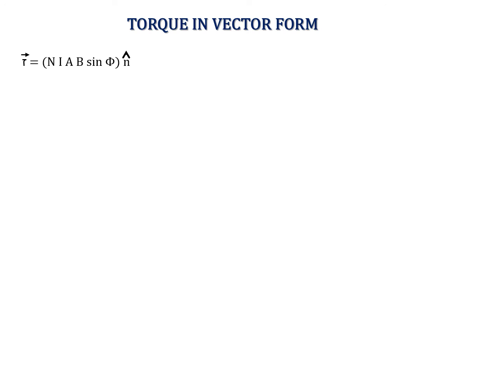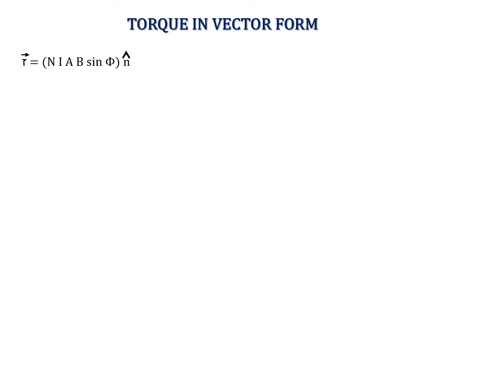We know it is given by PE sine theta. If we take the angle as theta, then torque is PE sine theta. Hence, in this equation, we can write NIA. This term NIA has the same significance as dipole moment P in electrostatics.